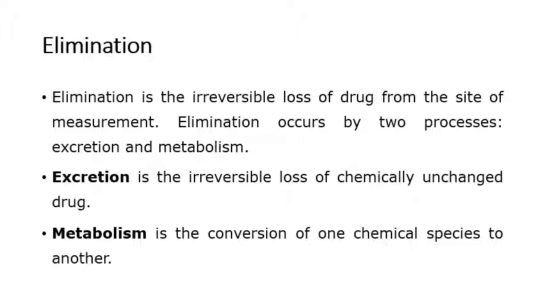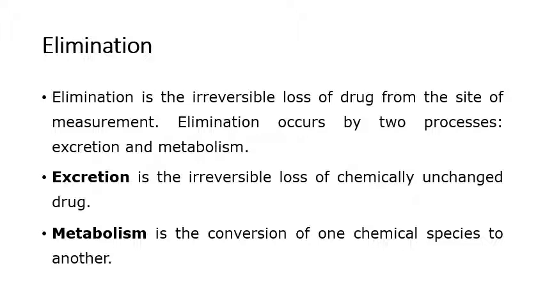So excretion is the irreversible loss of chemically unchanged drug. The same parent drug could be excreted unchanged out of the body irreversibly. And metabolism is the conversion of one chemical substance or species to another form.